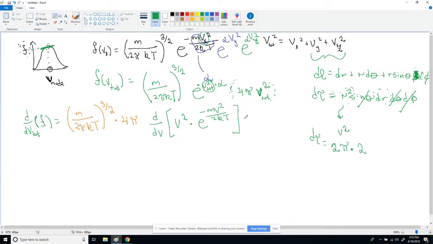Okay, now setting this to 0, we can perform this operation right over here. So this looks like a basic product rule, in which we do the derivative of the first multiplied by the second plus the first multiplied by the derivative of the second.